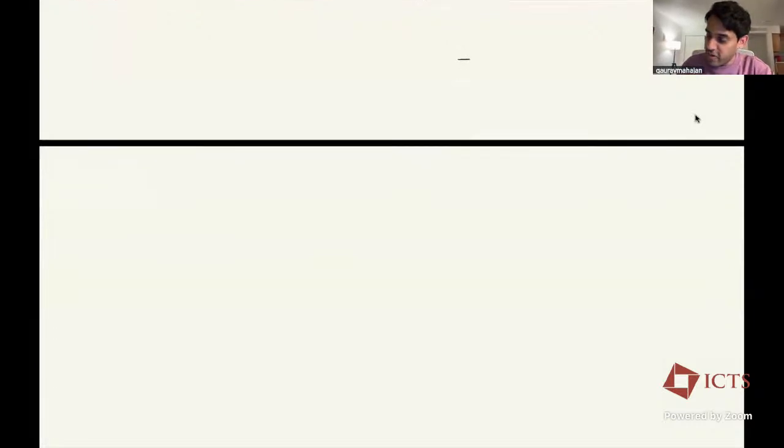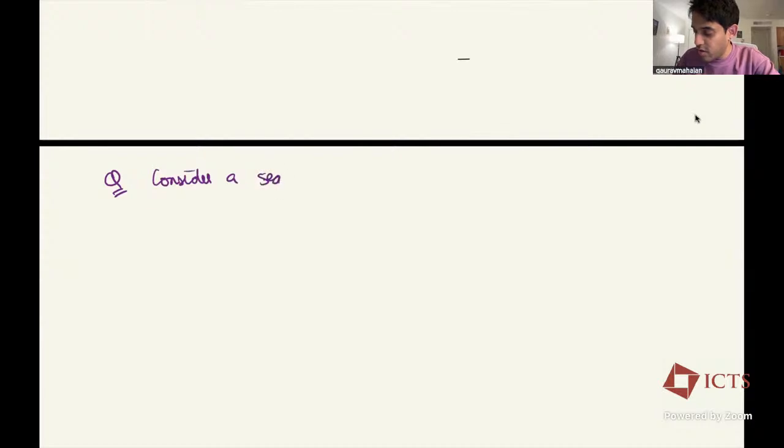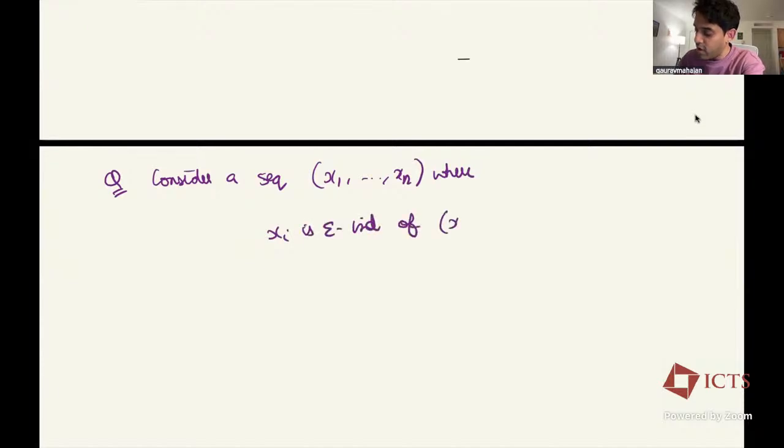So the question, as Jatin said, is if you have a sequence x1 to xn, where xi is epsilon independent of x1 to x_{i-1}, so anything is independent of things before, how long can the sequence be?